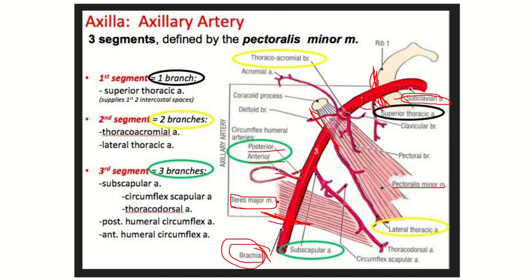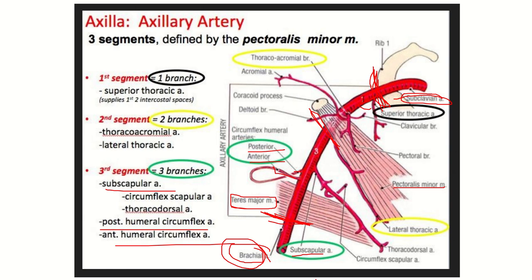Here we can see this is the anterior and this is the posterior circumflex humeral artery, and they anastomose with each other around the humerus. And here we can see this is the subscapular artery. So in the third segment, 3 arteries: subscapular artery, anterior circumflex, and posterior circumflex artery.